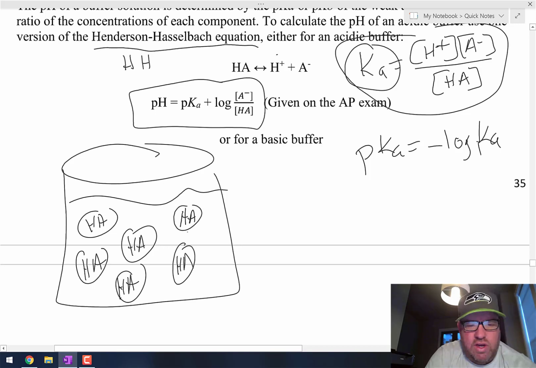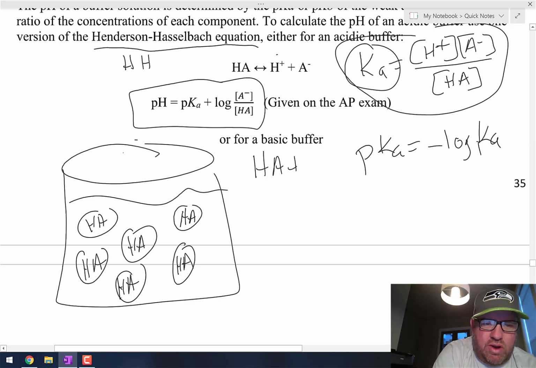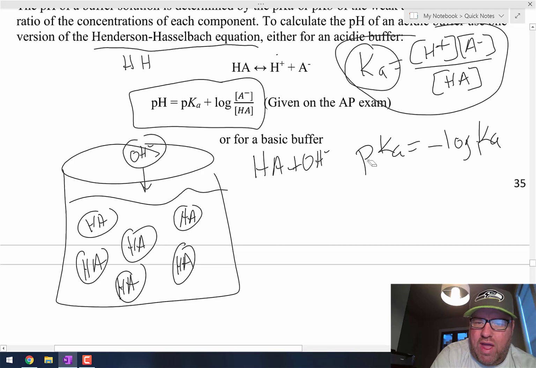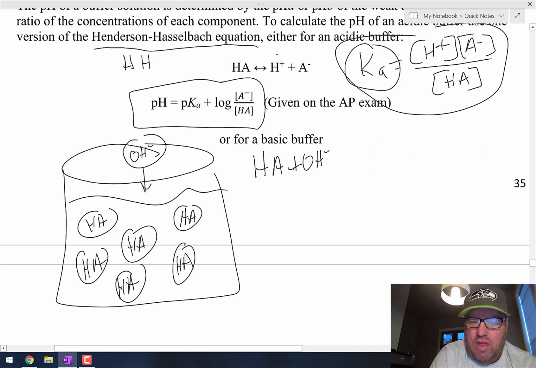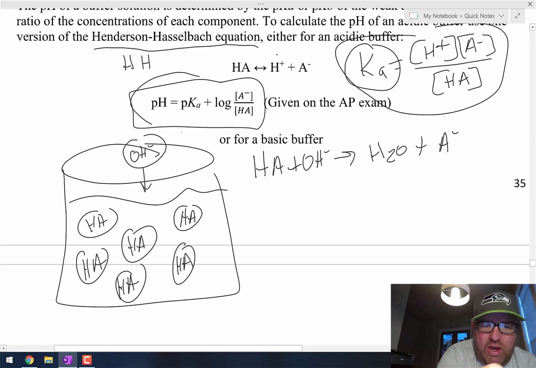So when you start a titration, you start with all of these acid particles. So you've got HA, and then you start to add some base to it. So here comes the OH minus that's going to start coming in here. And when that happens, the HA starts to turn into H2O and A minus. So let's think about this equation right here.